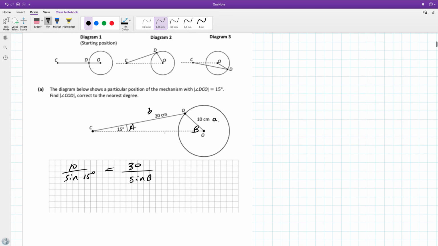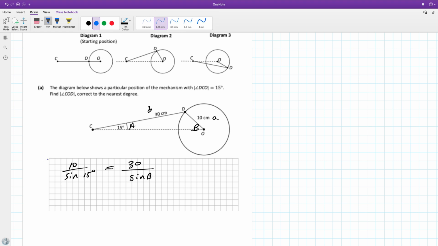So what I mean by that is, I want to get sine B off the bottom line. So I multiply across by sine B and sine B, and I multiply across by also sine of 15 and the sine of 15.